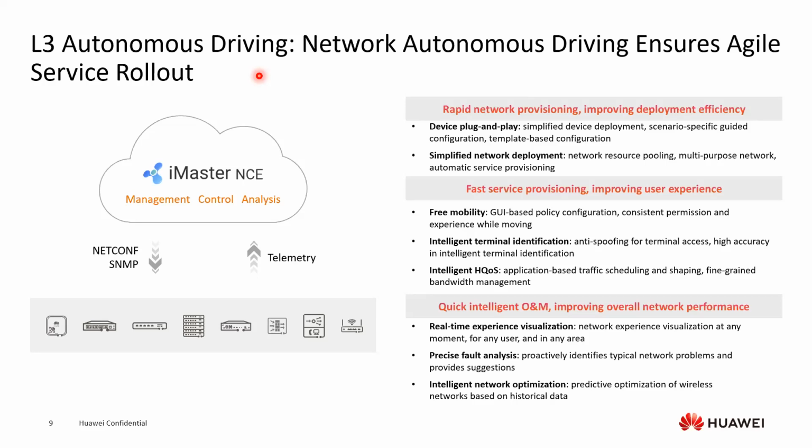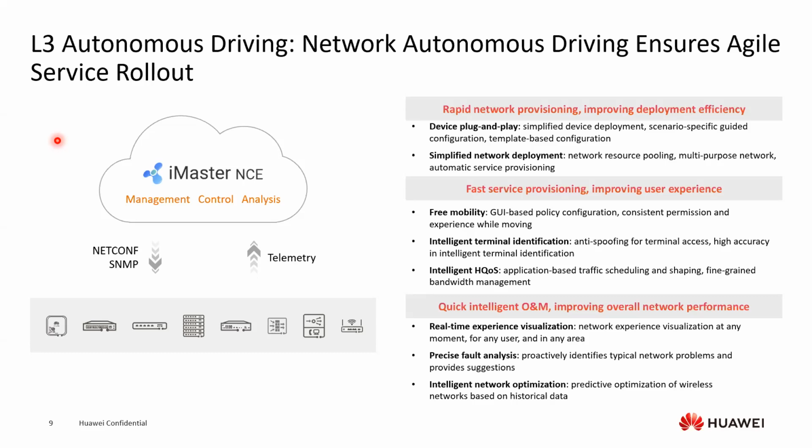Right now, on the slides, it's level 3, but actually it's more than 3. Huawei is at level 3.5 right now for autonomous driving networks, where less and less human intervention is required.